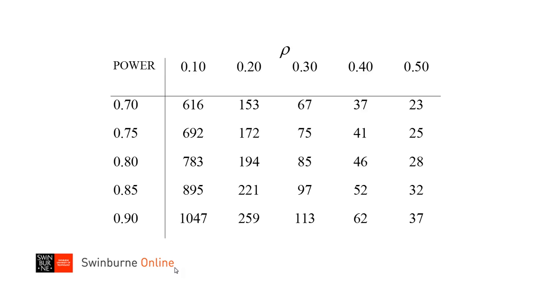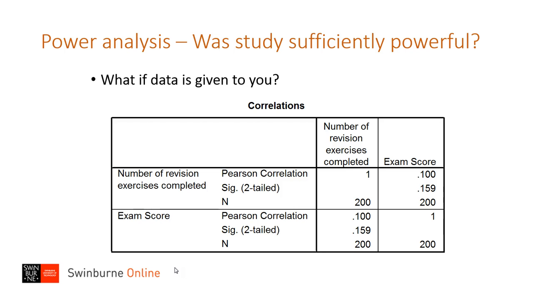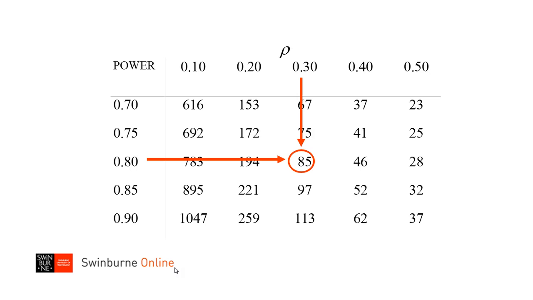You find a correlation of 0.3 because we're happy to be able to detect correlations of 0.3 or greater. You find that column of 0.3 and then you find the 80% power row, and you can see that we need to have 85 participants to be confident of detecting a correlation of 0.3 with 80% power.